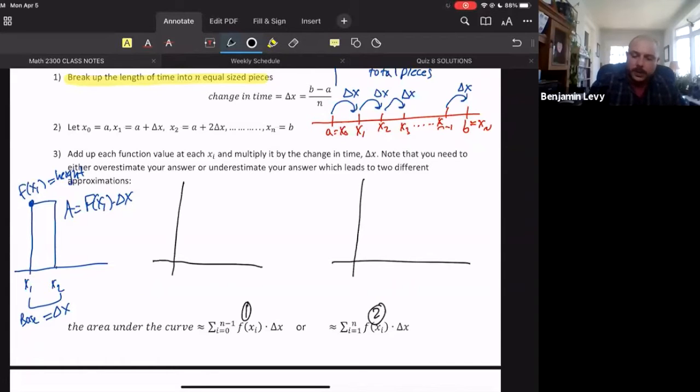I always debate whether I should just put these pictures right on here, and I usually think there's some value in having you actually put pen to paper, to write it out, experiencing it a little bit and seeing, oh, these are the different x values. We're taking steps of delta x, etc.